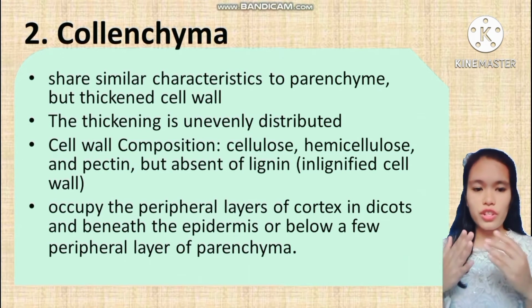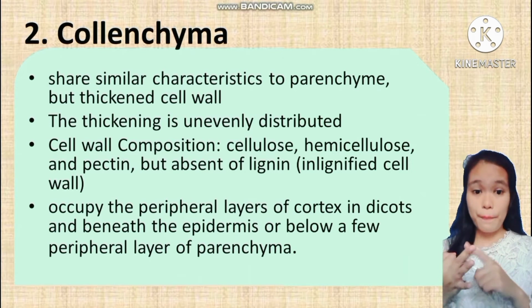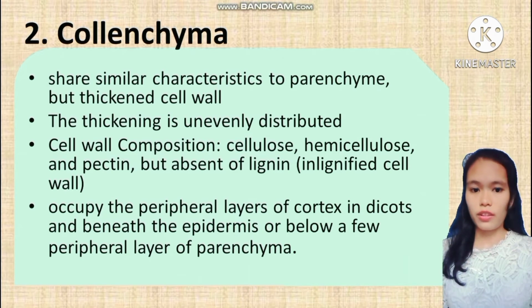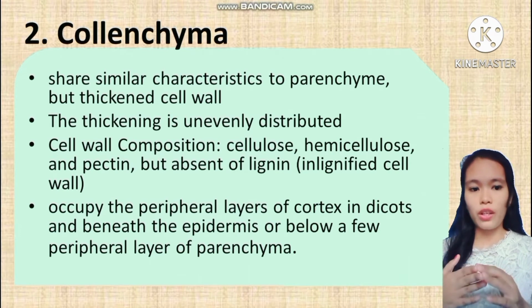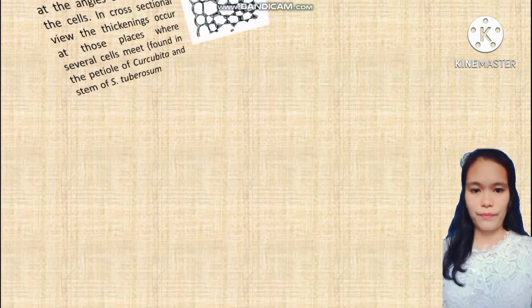Cell wall composition is cellulose, hemicellulose, and pectin, but absent of lignin. It occupies the peripheral layers of cortex in the stem and beneath the epidermis or below a few peripheral layers of parenchyma.